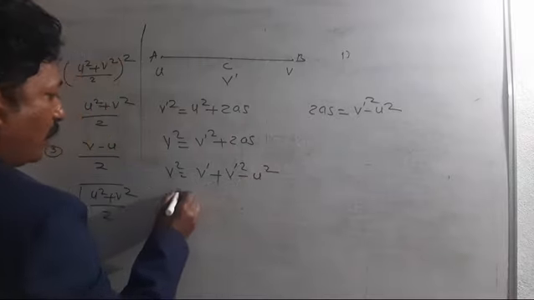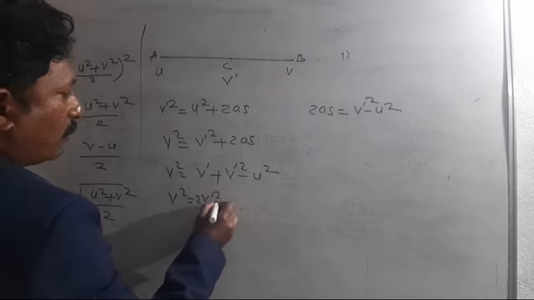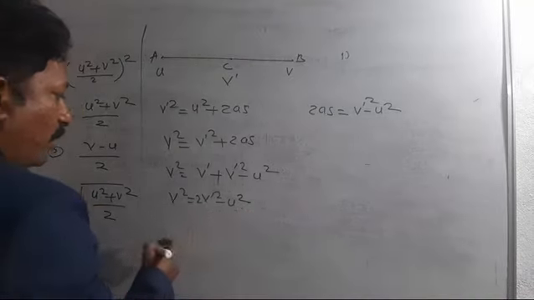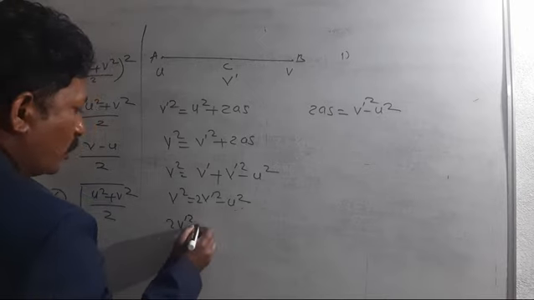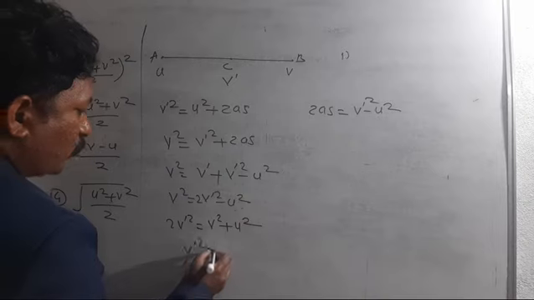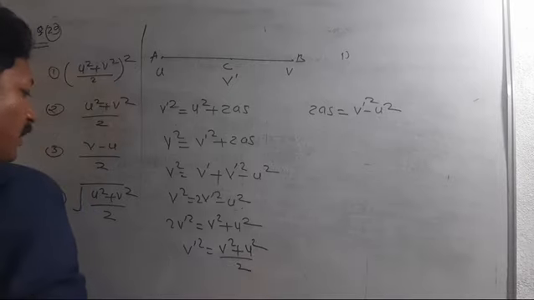Then v square is equal to 2 times v dash square minus u square, right student? We will get 2 v dash square is equal to v square plus u square. So v dash square is equal to v square plus u square upon 2, right student?